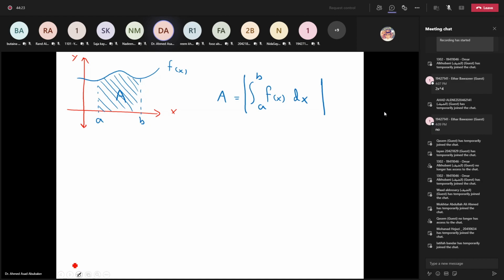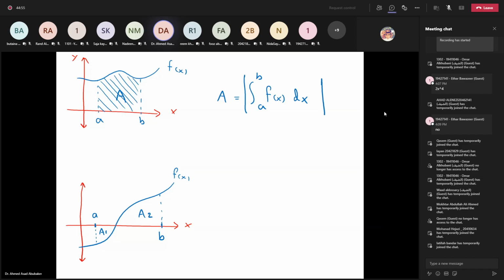Another case: we have two parts, one above the x-axis and another under the x-axis, like this. This is f of x, and this is a, and this one b. So we have two areas, a1 and a2.